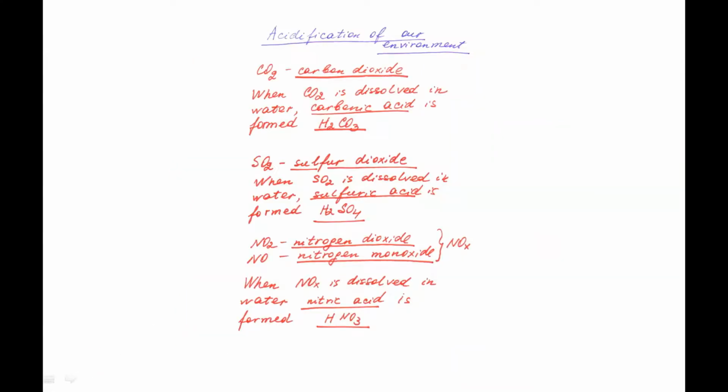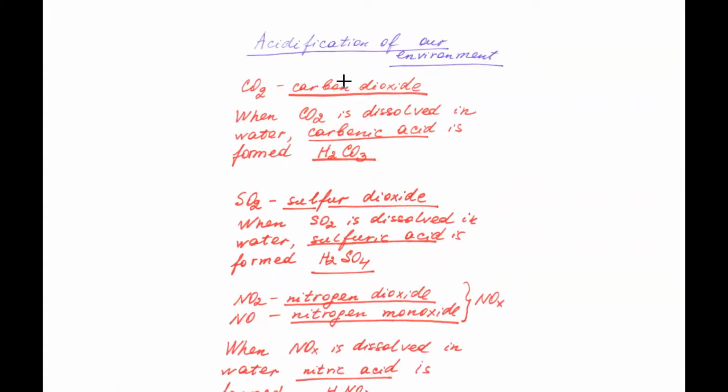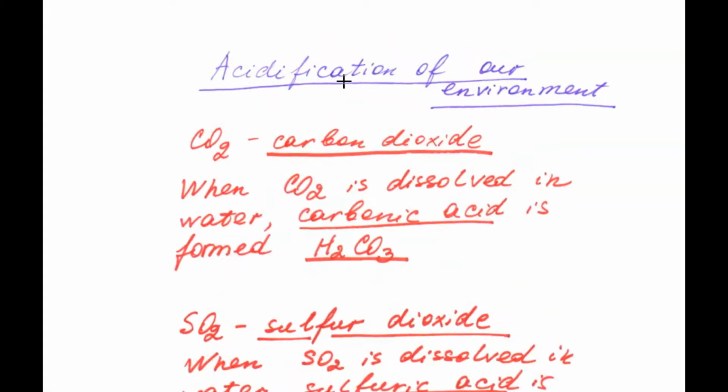So let's talk about acidification of the environment due to human activity. We are going to start with CO2, carbon dioxide. Let's say we are burning fossil fuels, right, such as natural gas, coal, and oil.